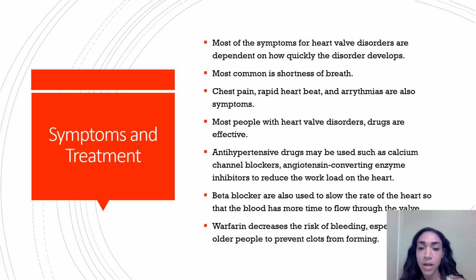And then we have beta blockers, which are also used to slow the heart rate, so the heart has more time to pump the blood through the valve. And then we have Warfarin, which decreases the risk of clots, especially in older people, so that it prevents clots from forming.